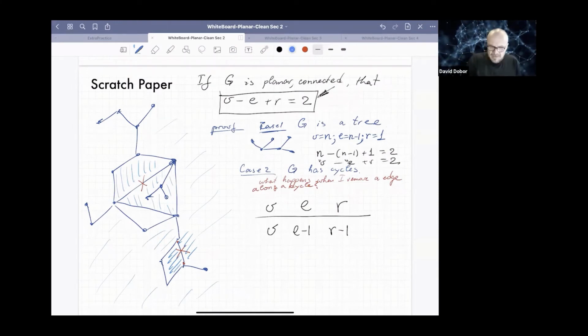Again, every time I remove an edge, I'm not changing the number of vertices. It's still the same, but I'm reducing the number of edges by 1, and I'm reducing the number of regions by 1 again. So this is the second edge I removed, and the first edge I removed. I started here, the initial graph, initial G.